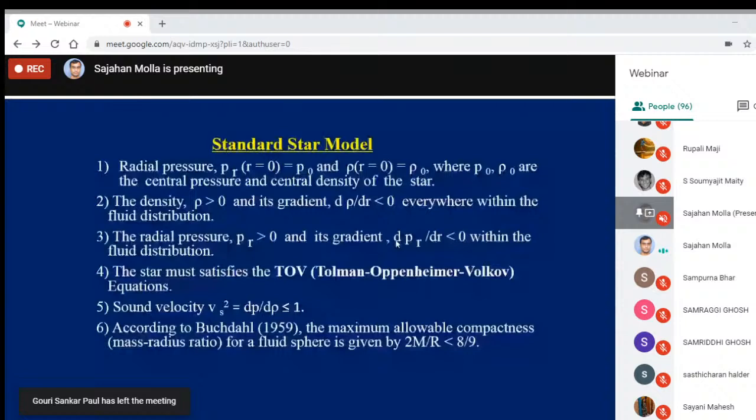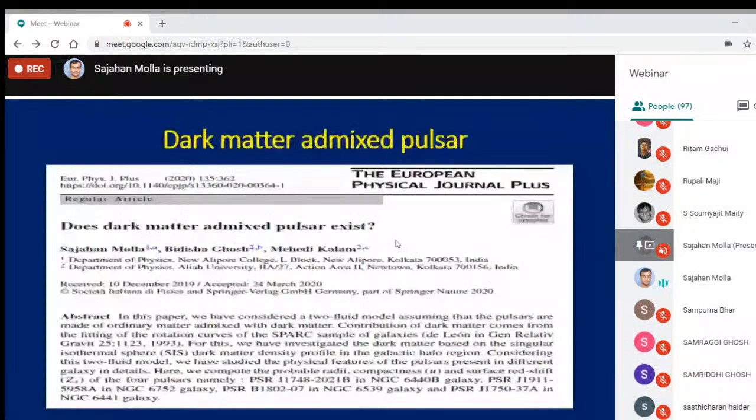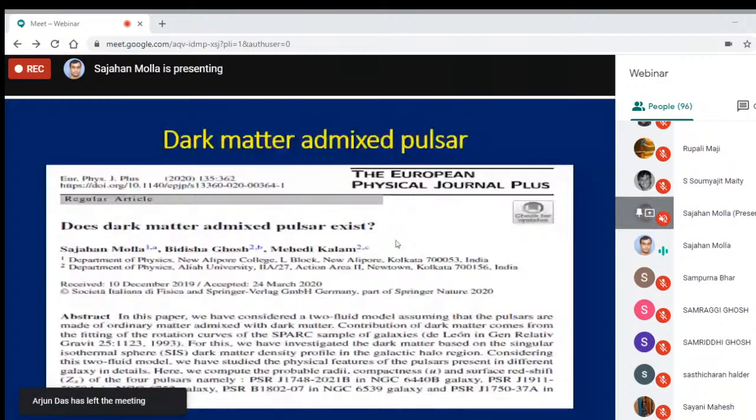And I want to give the idea about the dark matter admixed pulsar. Previously, Dr. Debadesh Bandyopadhyay already briefly discussed the pulsar, and then my supervisor, Dr. Mehdi Kalam, also briefly discussed dark matter and its property. In this study, we have taken a two-fluid model considering the SIS dark matter density profile.